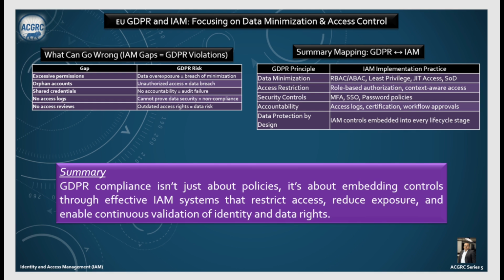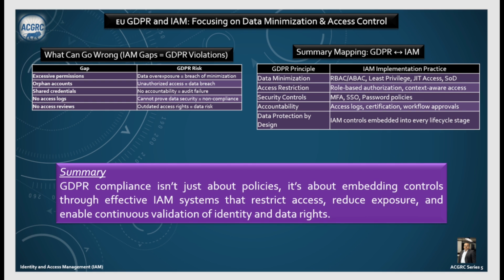Shared credentials: if that is the case, then there is no accountability and it can lead to audit failures. No access logs: if that is the case, then you cannot prove data security, which can trigger non-compliance. No access reviews could mean outdated access rights, hence triggering a data risk from a GDPR perspective.